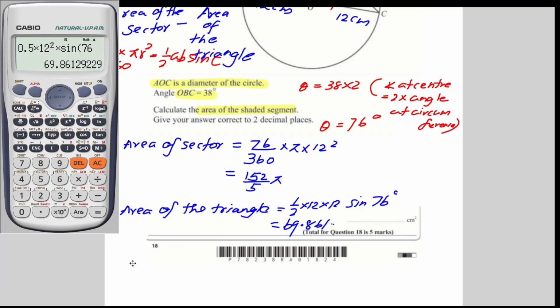Right. Then segment area equals 152 over 5 pi minus 69.861.